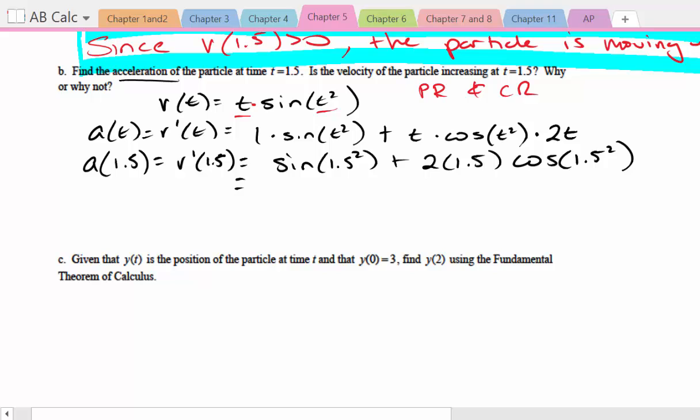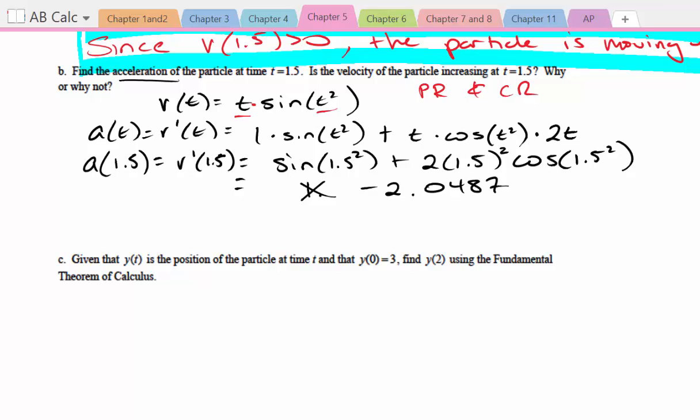I'm going to figure this out in the calculator. And I got negative 1 point, sorry, I forgot a squared right here. So again, I would have gotten negative 2.0487, which can be rounded.